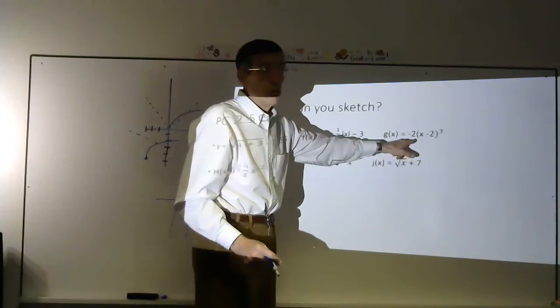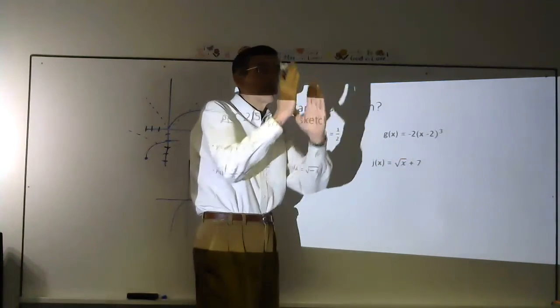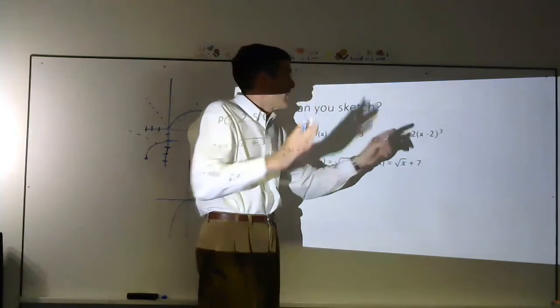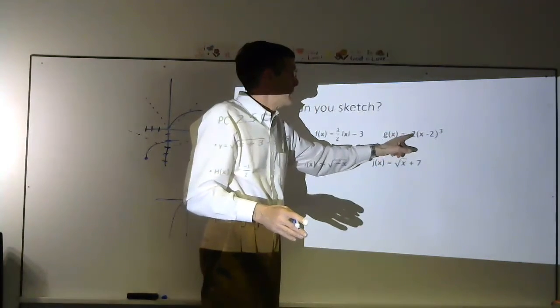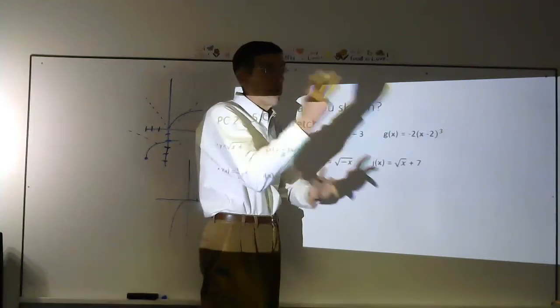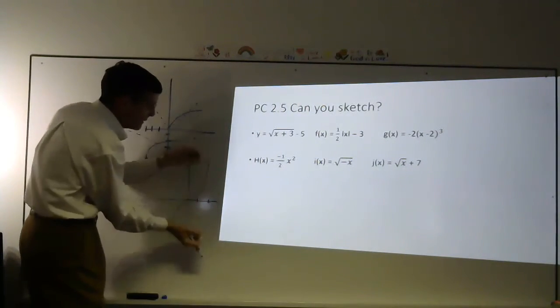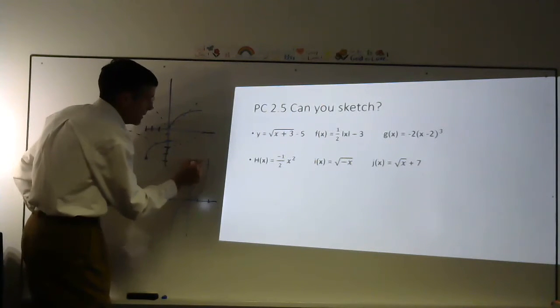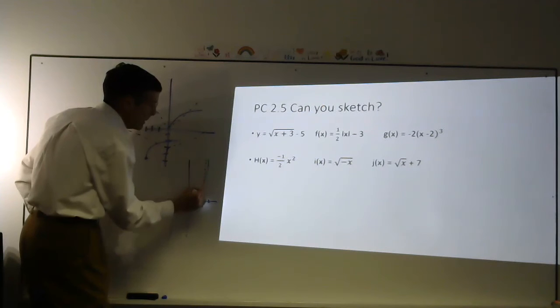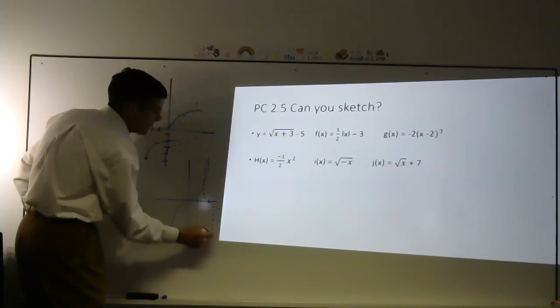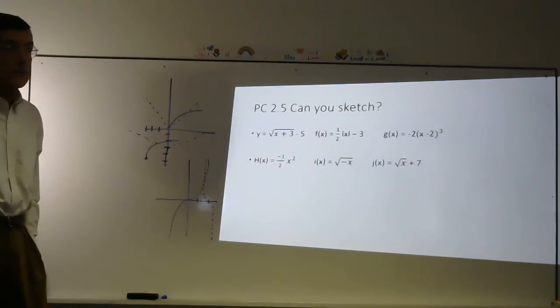But a 2 is going to make it go up much more quickly. It becomes narrow. The minus sign on the whole function flips it up and down. So instead of having a cubic go this way, it flips it up and down. And the cubic is going to be much more narrow and come down like that. Are you with me?